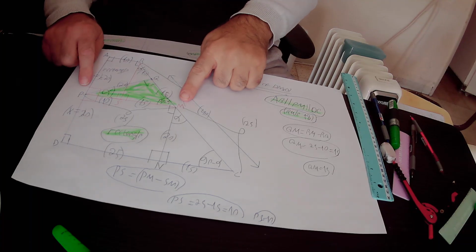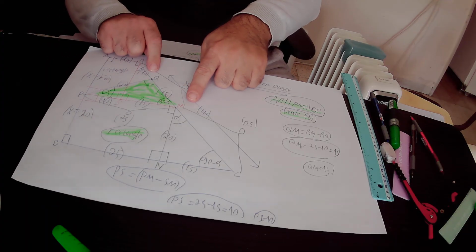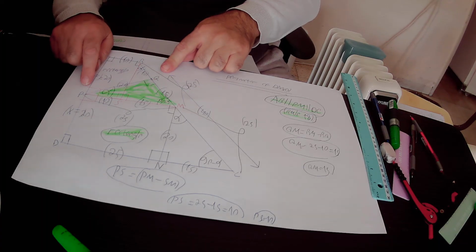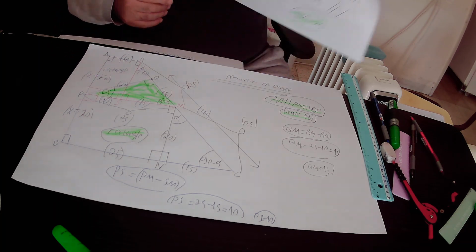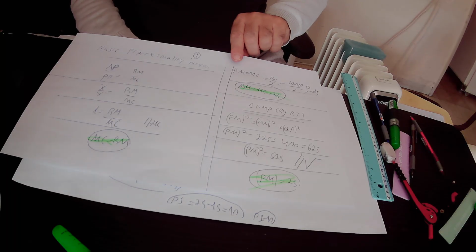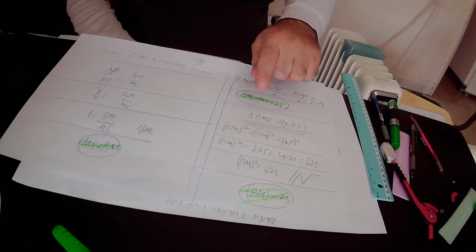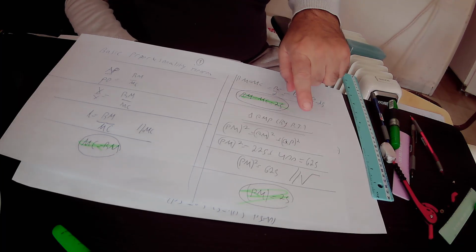PM is the missing side, so here it is. PM squared equals QM squared. QM is 15, therefore QM squared is 15 squared, that is 225, plus QP squared. QP is 20, so QP squared is 20 squared, that is 400. So in total, PM squared equals 225 plus 400, that is 625.